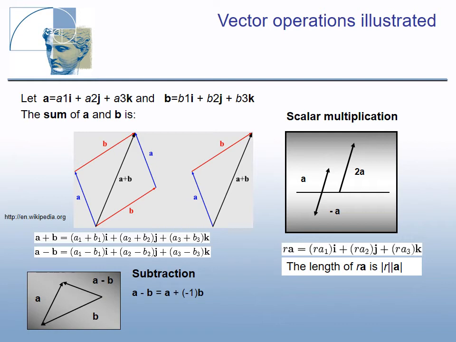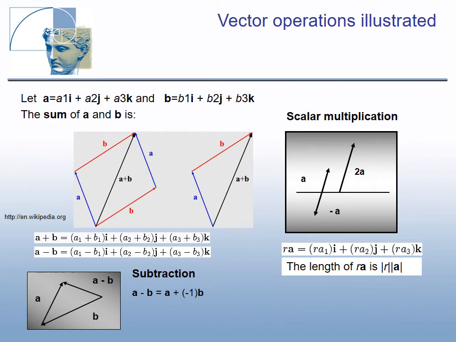If A and B are bound vectors, then the subtraction is only defined if they share the same base point, which will then also become the base point of their difference. This operation deserves the name subtraction because A minus B plus B equals A.